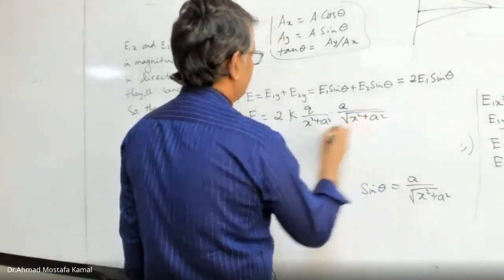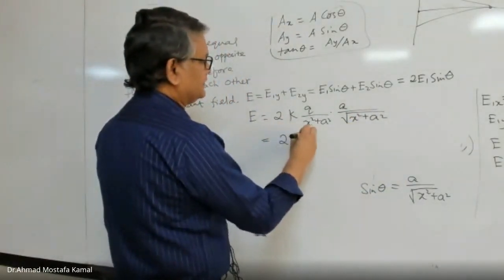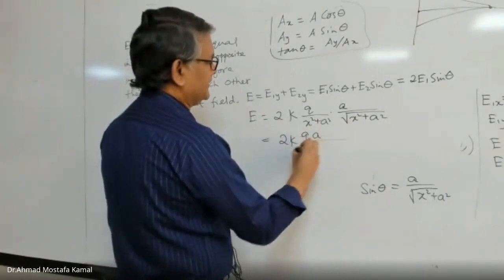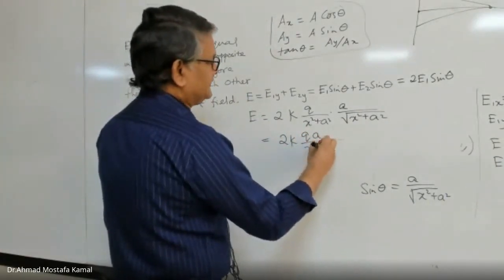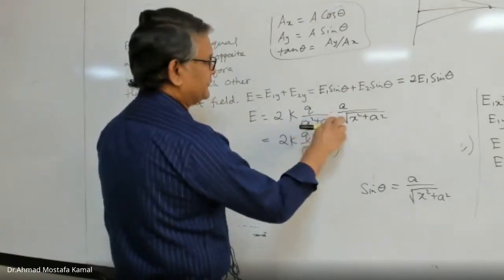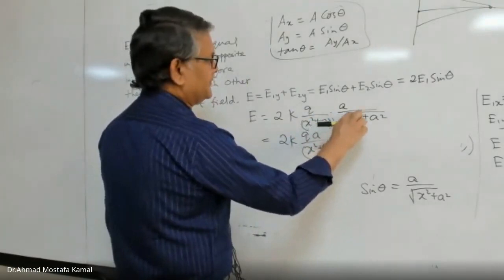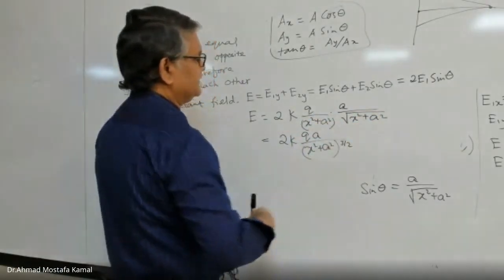So one more line, 2kqa divided by (x² plus a²), and the power of this x² plus a² is 1 here, and into power is half here, so 1 plus half is 3/2, power will be 3/2.